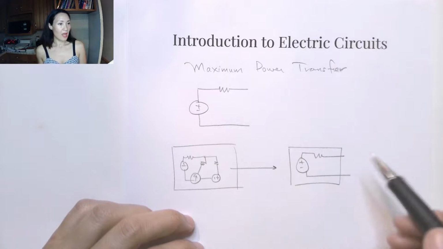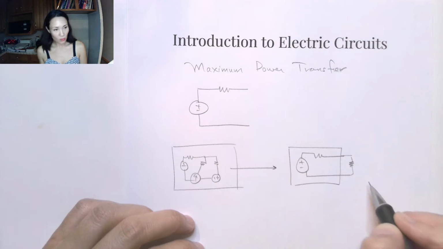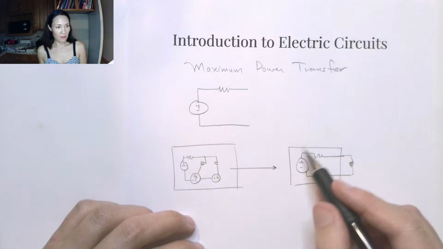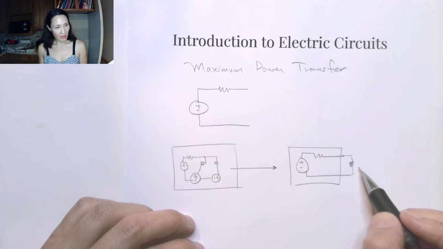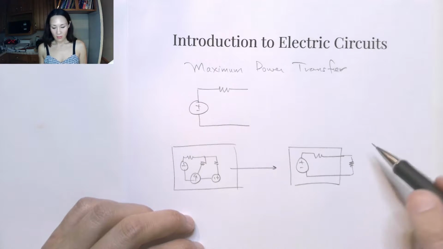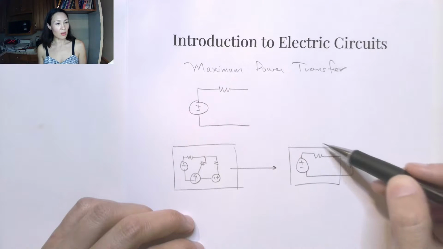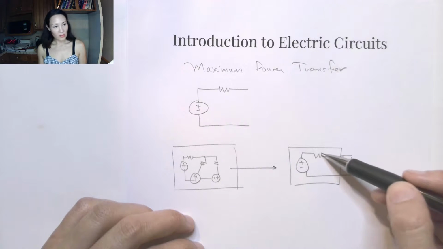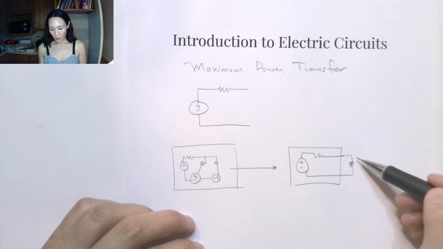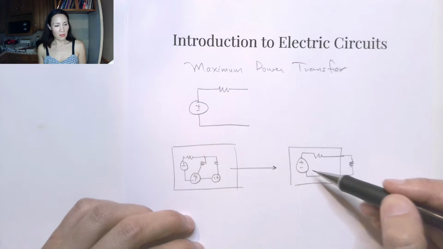And if we were to connect some kind of a load resistor, and this was a device delivering power to this load resistor, then depending on the intrinsic value of this source, in other words, how much voltage it is providing and what the internal resistance of this source is, we can figure out what load resistor to put here to maximize the power that's delivered by this source.